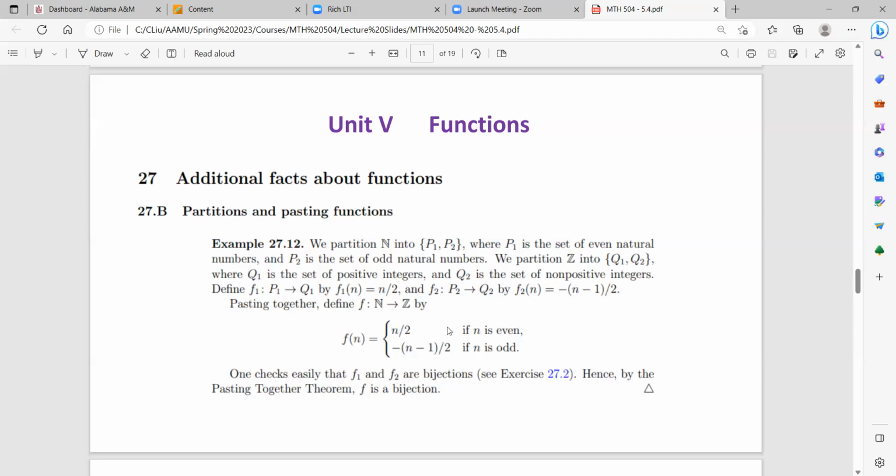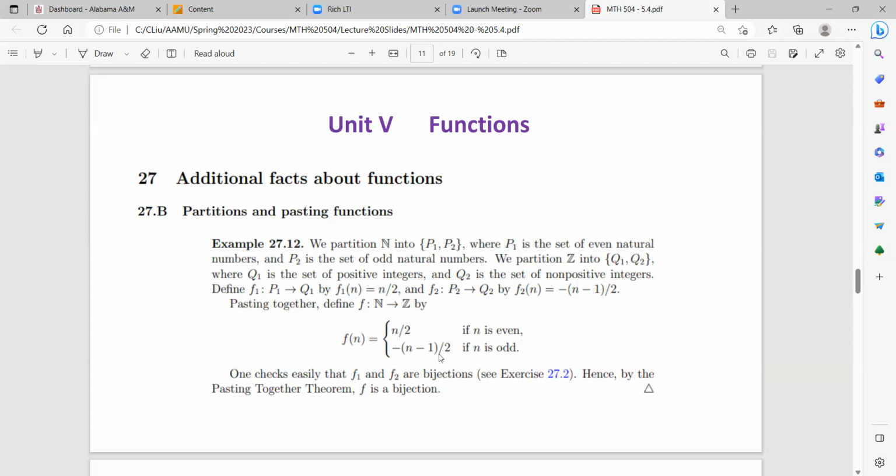Actually, the range of this function f2 covers the whole set of non-positive integers.